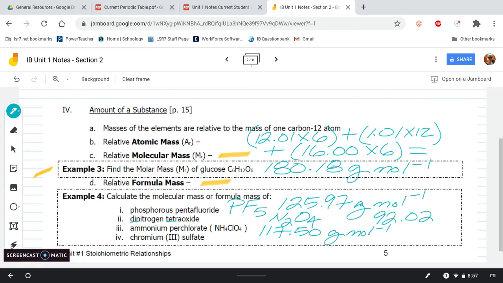Make sure you have the right formula. So chromium is going to get a 2 from the sulfate, and the sulfate is SO4, and it gets a 3. So there's your formula. You need to use your periodic table for that. And I get 392.21. All right, guys, going to pause it here.